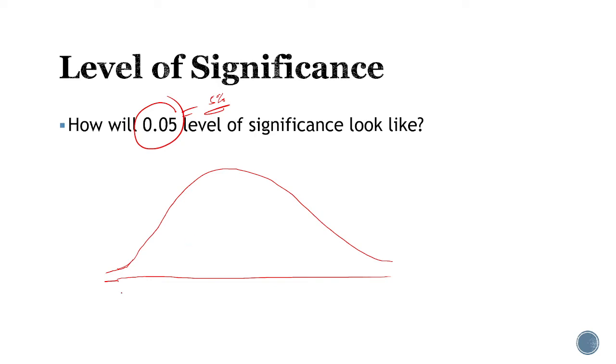So basically, pag sinabi natin 100% nito, ang mangyayari sa 0.05 level of significance ay ganito. Ito ay 0.025, meaning 2.5%, yung area na yan, and meron yan sa negative part, and dun sa kabilang side, another 0.025.